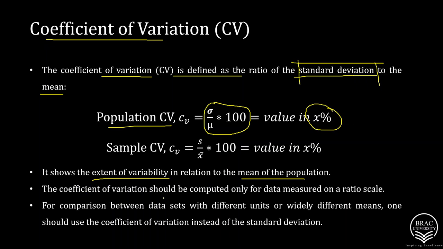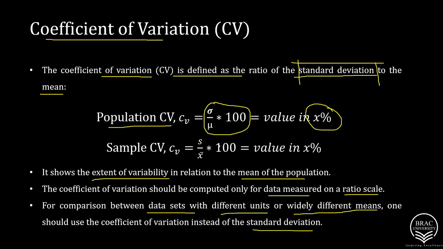The coefficient of variation should be computed only for data measured on a ratio scale. That is, for ratio data we should measure the coefficient of variation. For comparison between datasets with different units or widely different means, one should use the coefficient of variation instead of the standard deviation.